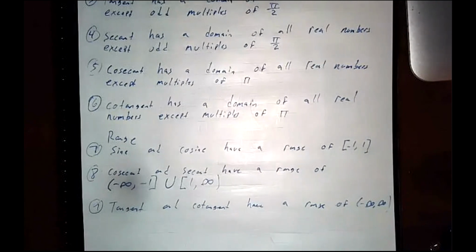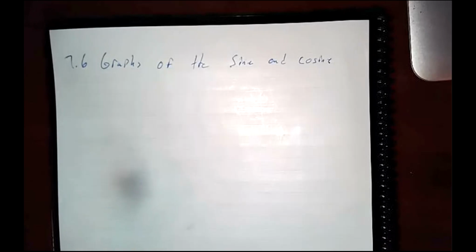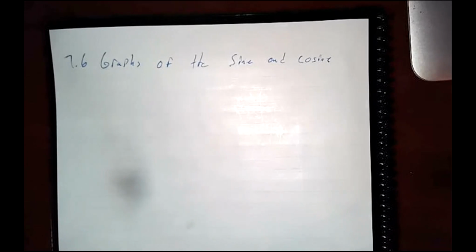So let me look up what this homework looks like for 7.5. Make sure there's no. All right, so here are the properties for sine. We'll start with sine, then we'll do the cosine.